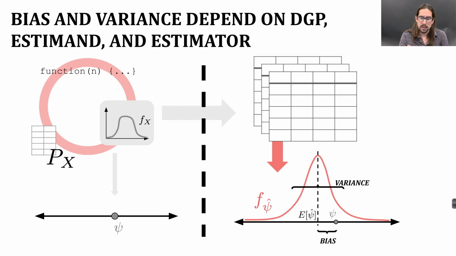But if I'm instead working on a different problem where I'm estimating the effect of increasing the minimum wage on whether or not people get evicted from their housing, a different estimator might work better there in terms of bias and variance. So it depends on what the data generating distribution is, which is why it's important to understand our assumptions about what this is, because it impacts what it is that we should be doing in terms of getting an estimator that's going to give us good estimates in general.